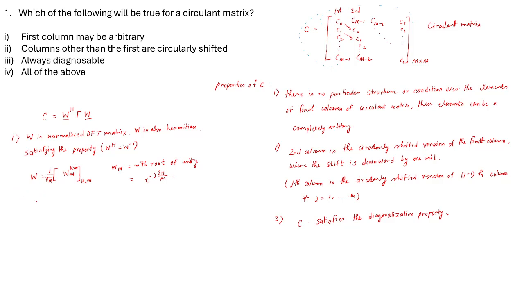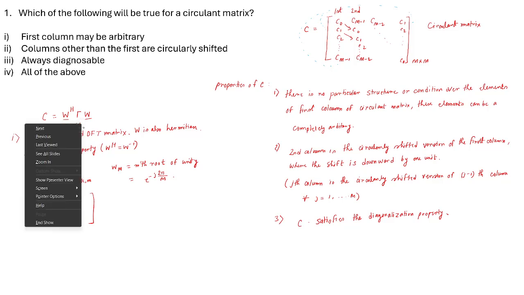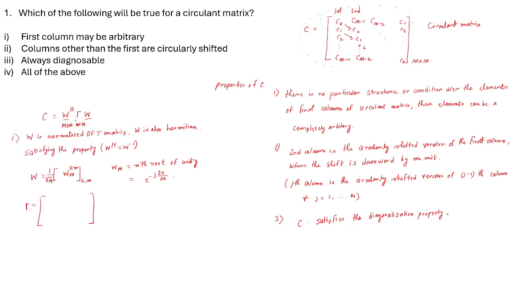Next we are concerned about this capital gamma. By the way, these are all m cross m square matrices: the normalized DFT matrix and IDFT matrix, and this gamma, which of course is a diagonal matrix, so it must be square only.